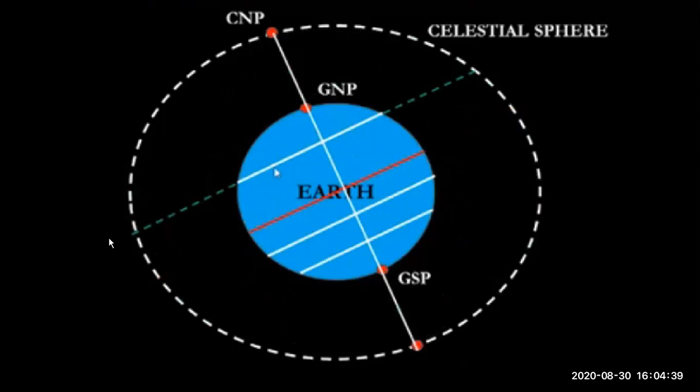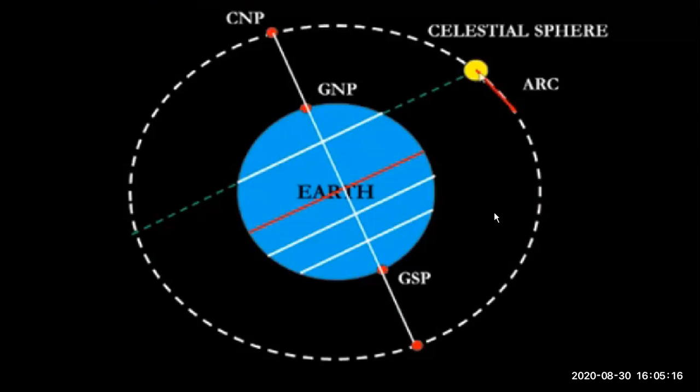Now let's see how to define declination. Declination is this small circle, and if you have a celestial body, we are defining the declination of a celestial body, the sun. As we know, we will assume the celestial body is on the celestial sphere, so we have assumed the sun to be on the celestial sphere. So declination is the arc on the celestial sphere.